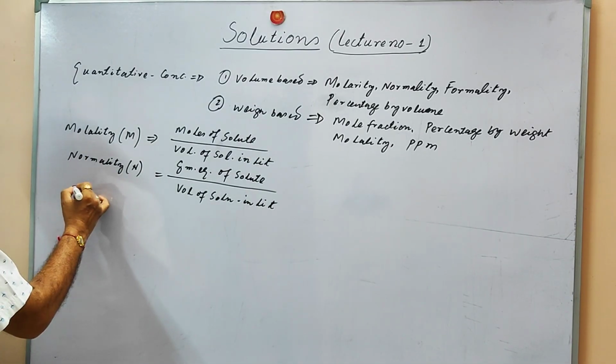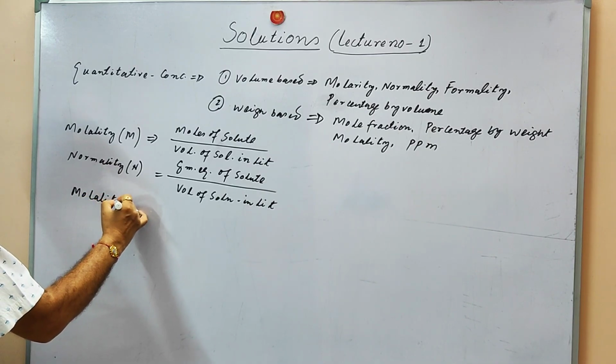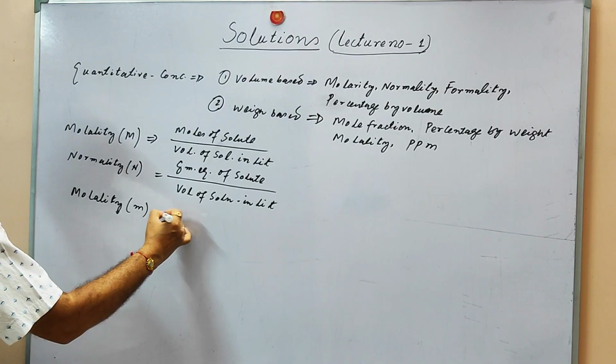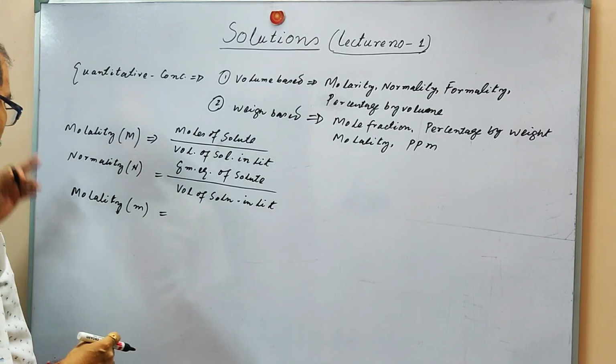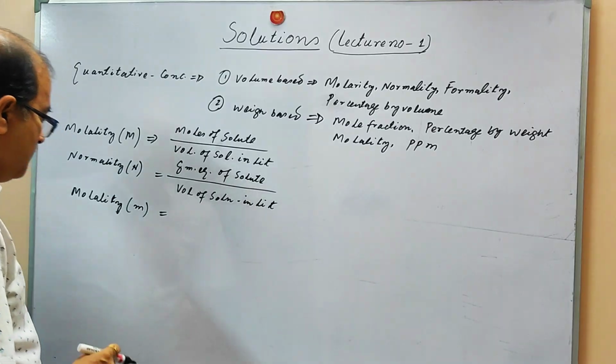Then molality. Molality is represented by small m. You can understand: molarity is capital M, molality is small m.